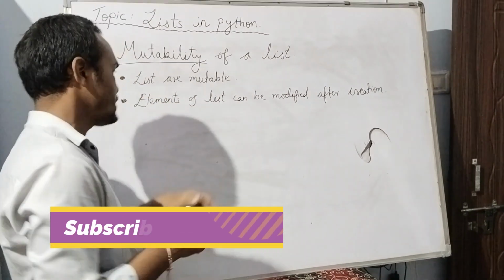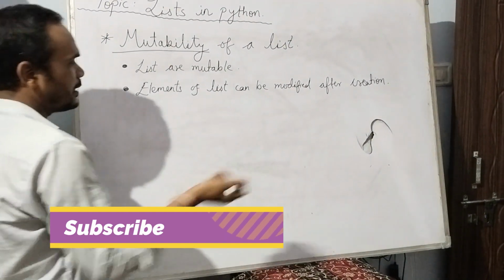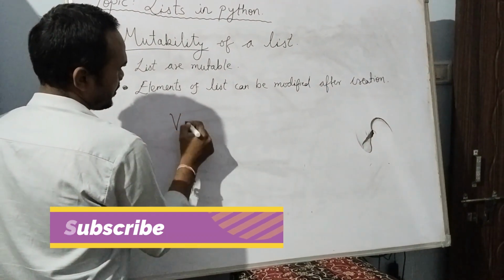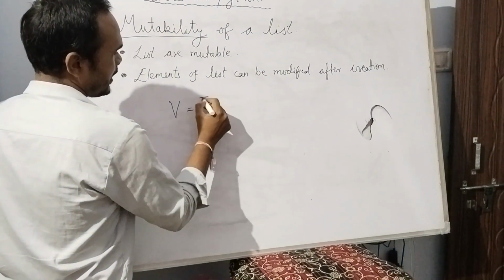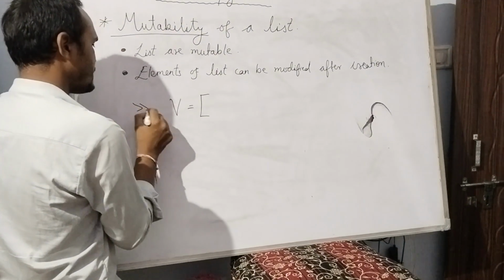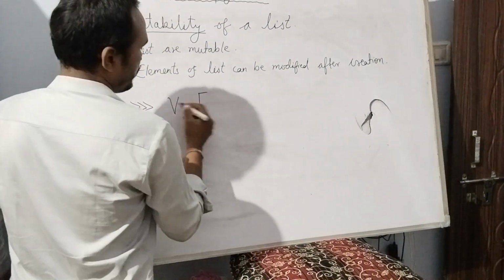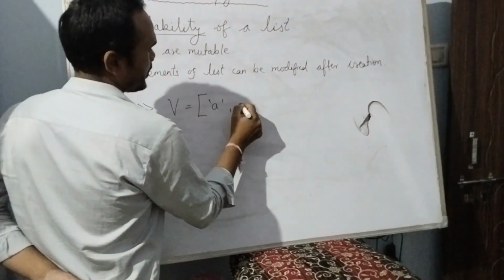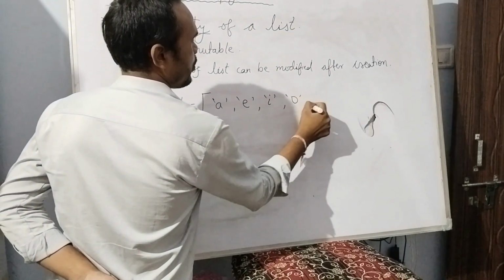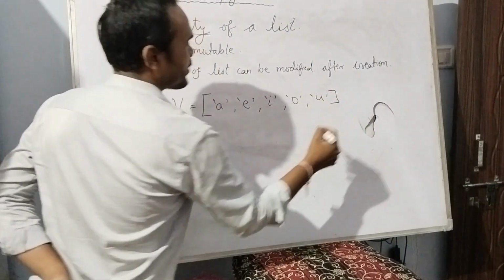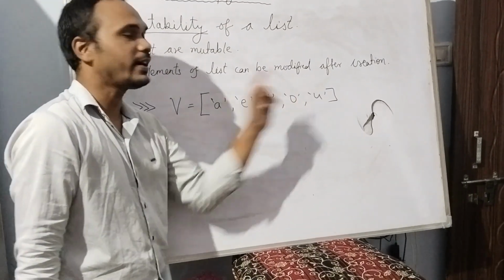After creation means, let's try to understand this concept by creating a list. Say vowel. For vowel I am using a capital V, equals to, in the Python interpreter that I am using, V equals to A, E, I, O and U. Let's count how many elements there are: 1, 2, 3, 4, 5.